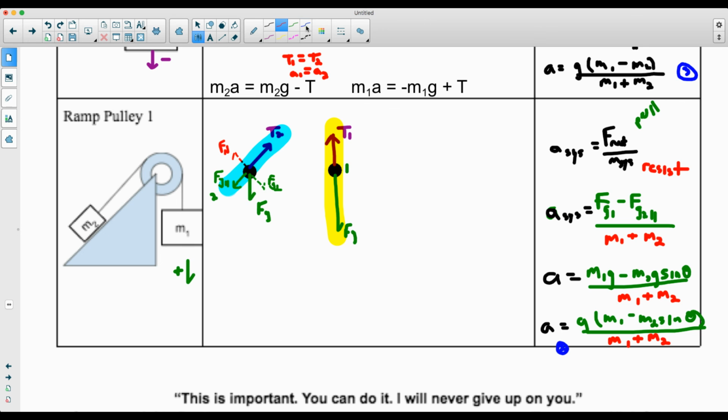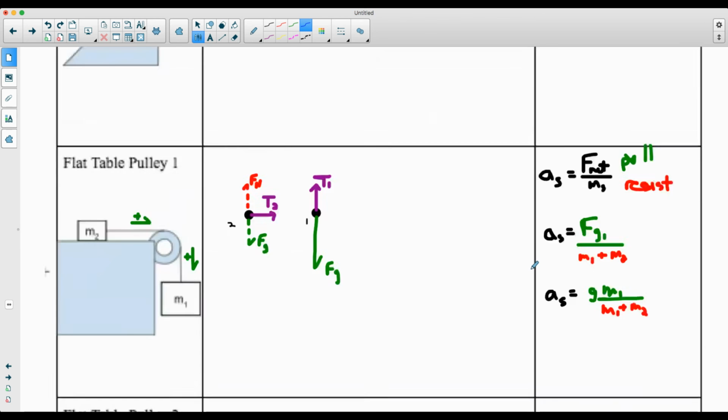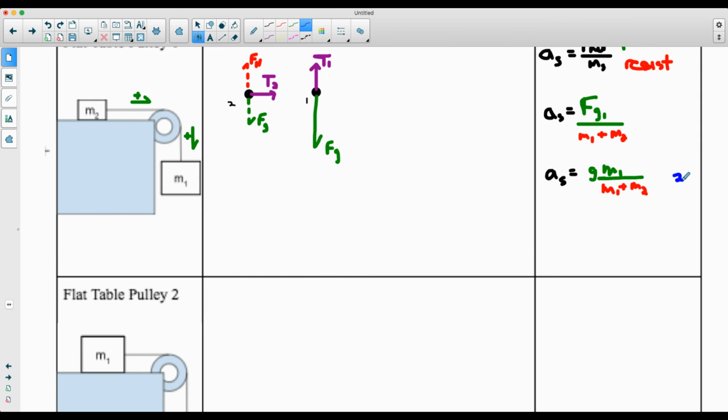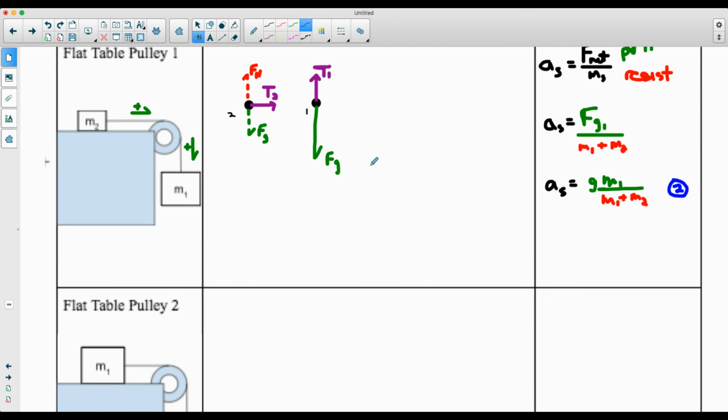You know what that means? These two just got demoted. This one is now 3. This one is now 4. And ahead of both of them is the table. Because really, it is not fighting against the weight of mass 2.